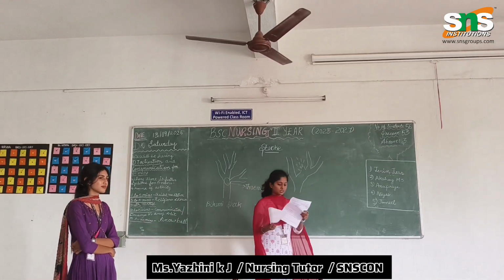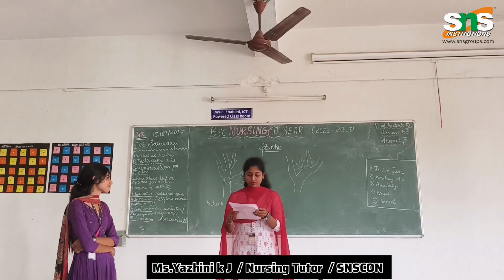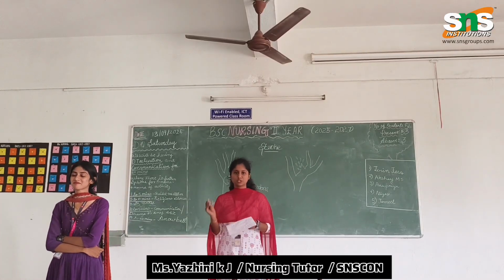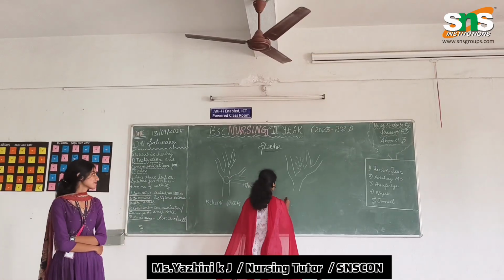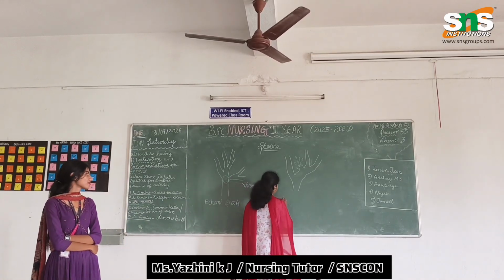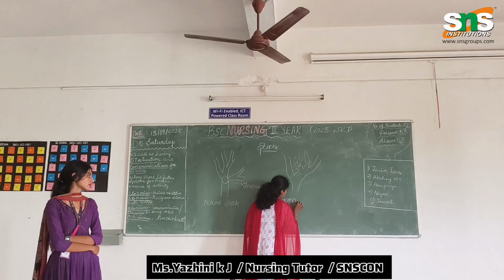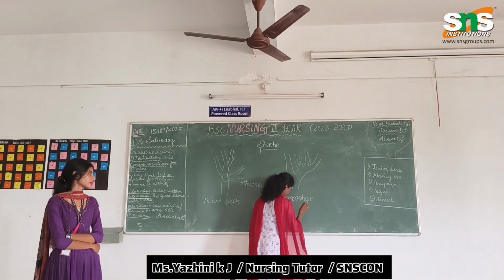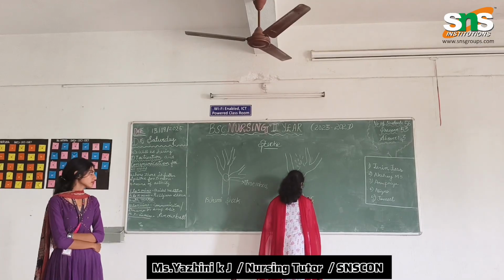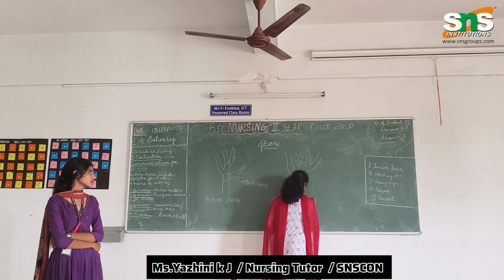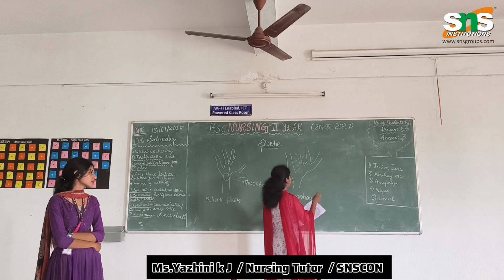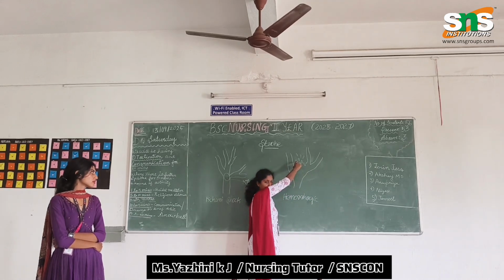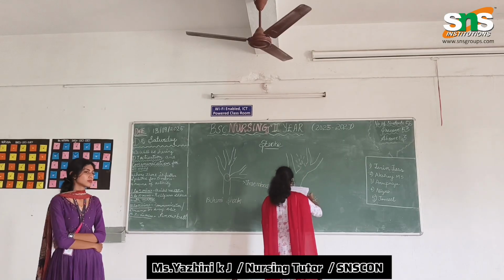The second type of stroke is caused by the rupture of blood vessels, that is called hemorrhagic stroke. Hemorrhagic stroke is caused by the rupture of blood vessels. Here, the blood vessel ruptures and blood comes out, so bleeding occurs.